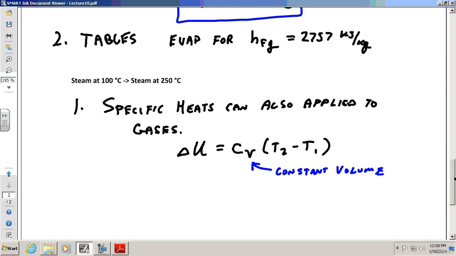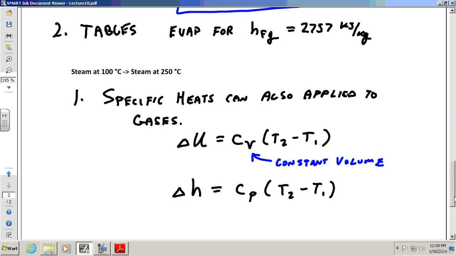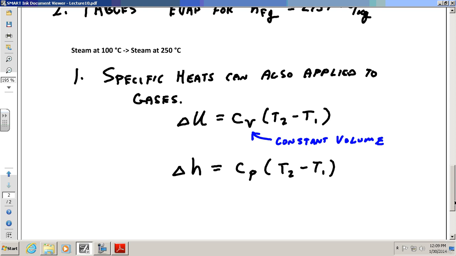But we can also calculate the change in enthalpy. That would be like for an open system, right? For a control volume. That's going to be equal to C sub P times T2 minus T1. Yeah, unfortunately, we got to make it more complicated. This stands for constant pressure.